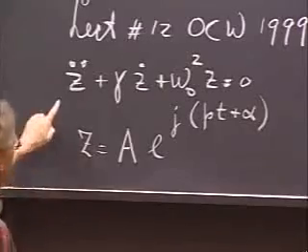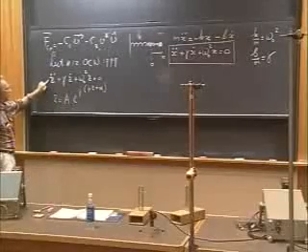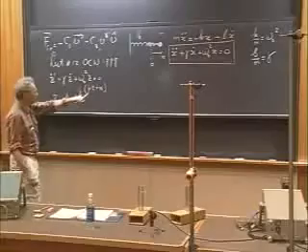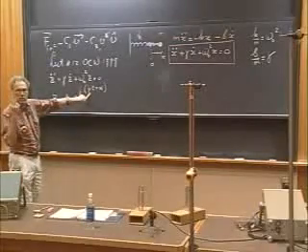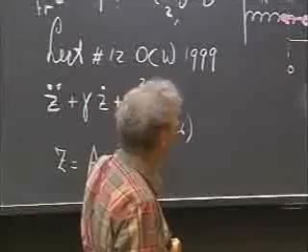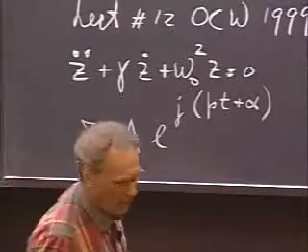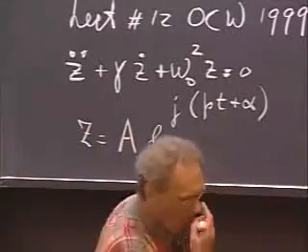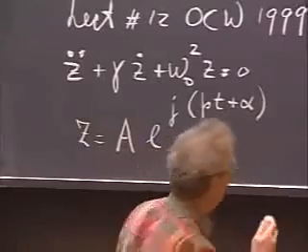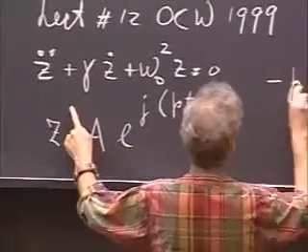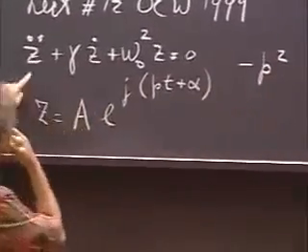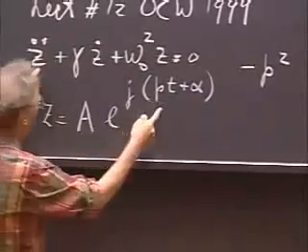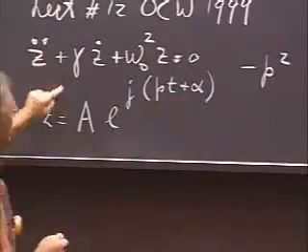I'm going to take the second derivative of this function. So jp comes out twice, that is j squared times p squared, and so I now get minus p squared. That is the second derivative, and the z comes later.